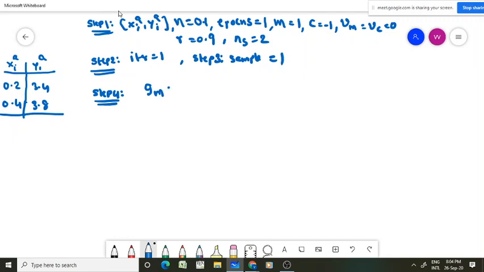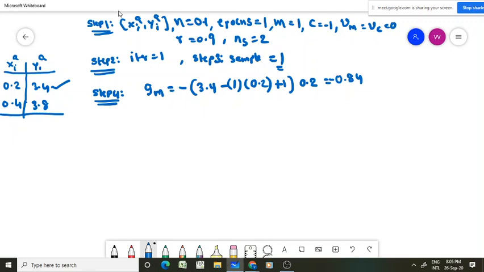So gm equals, can anyone tell me the value, with the minus sign? Since we are in sample 1, that is minus (3.4 minus m times 0.2, minus c), that is, minus (3.4 minus 1 times 0.2 plus 1) times 0.2. That value comes to 0.84 with a negative sign.